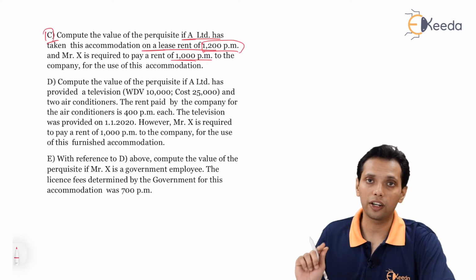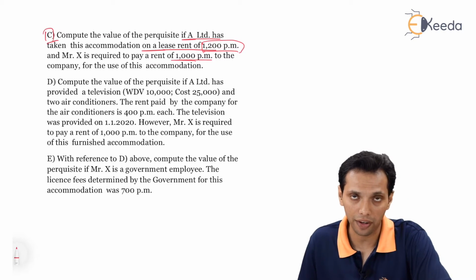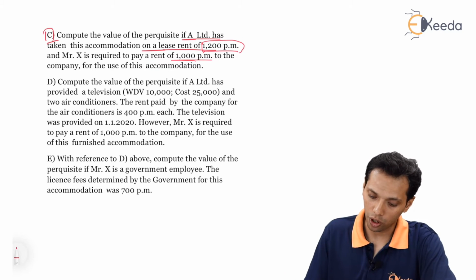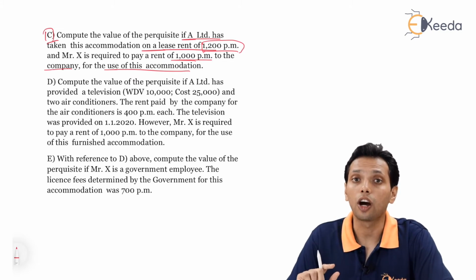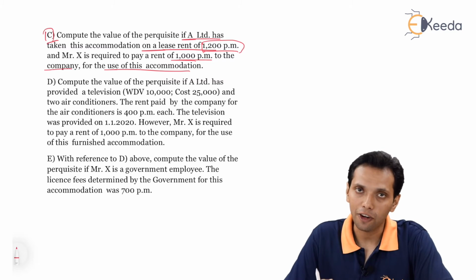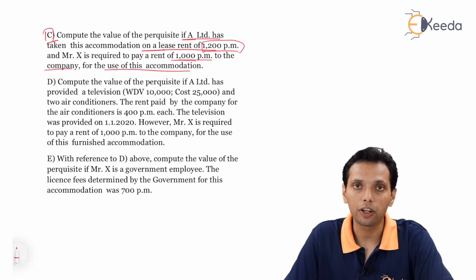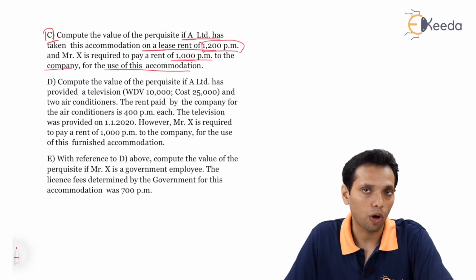Again, we need to calculate whether there is any concession in rent provided to the employee. So again, the accommodation is unfurnished accommodation. However, it is not owned by the employer, it is rented by the employer.